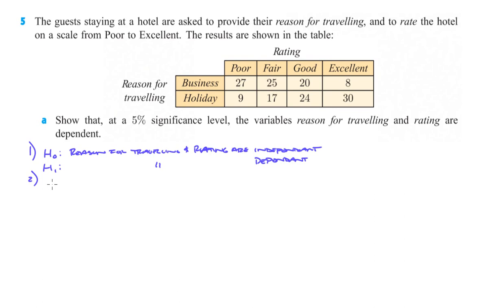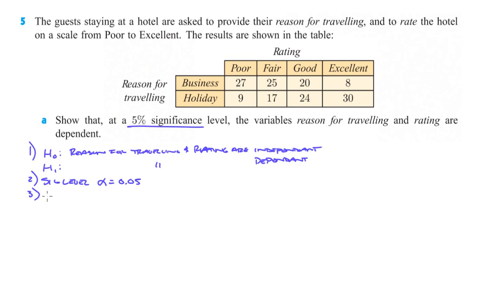Second step is the significance level, and it says right here 5% significance level. So significance level alpha equals 0.05. Third step here is degrees of freedom, right? So remember, we cross out a row, cross out a column, count the number of cells left over, which in this case is 3.